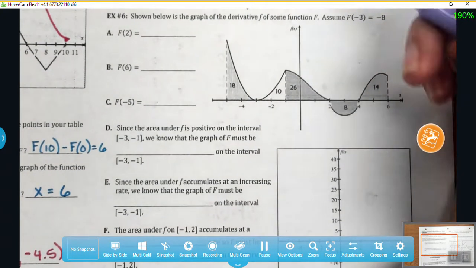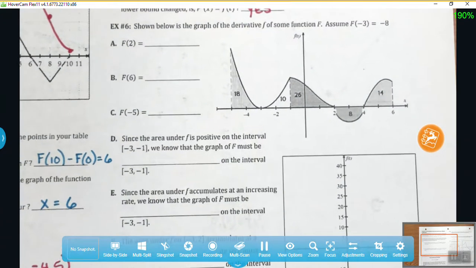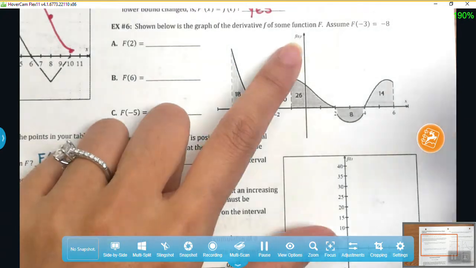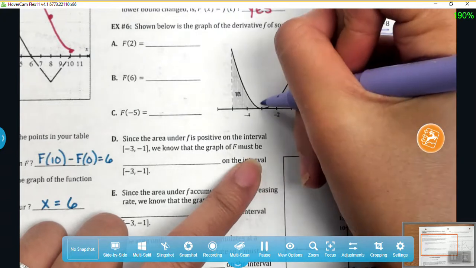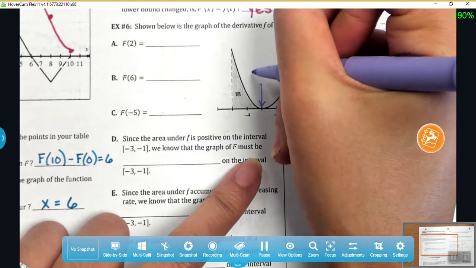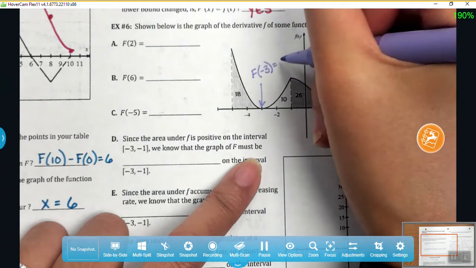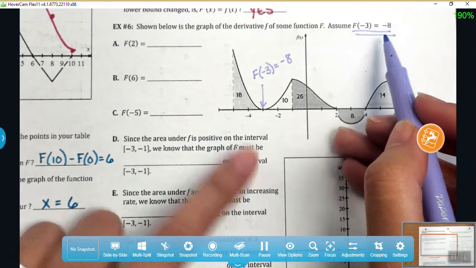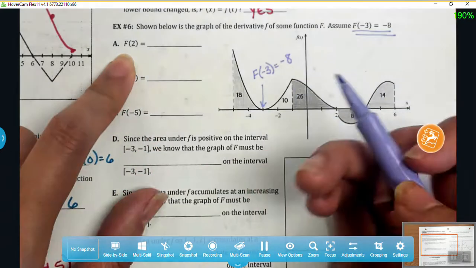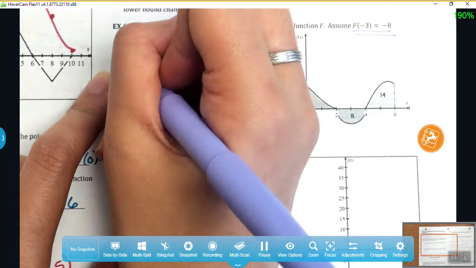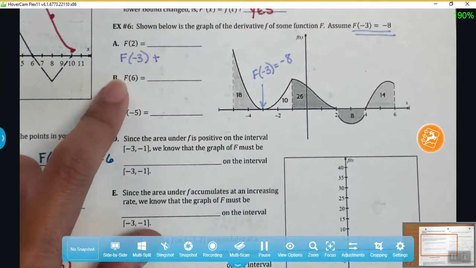So for this one, this is little f of t, and it says capital F of -3 is -8. So right here, I always like to put this, and I'll just say f of -3 equals -8. So if I'm finding the value of f of 2, what you're really finding is you're taking f of -3, and then you're adding what?